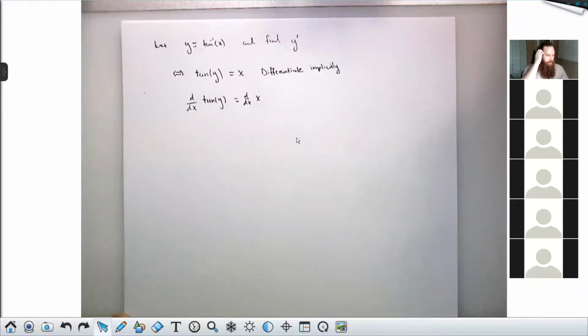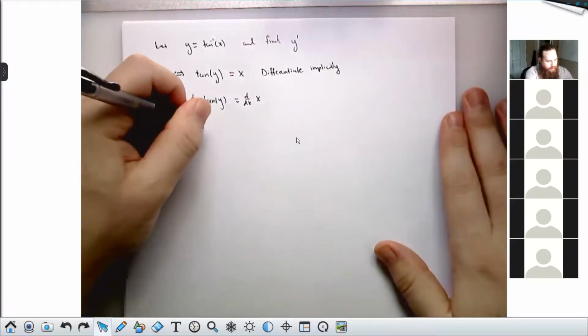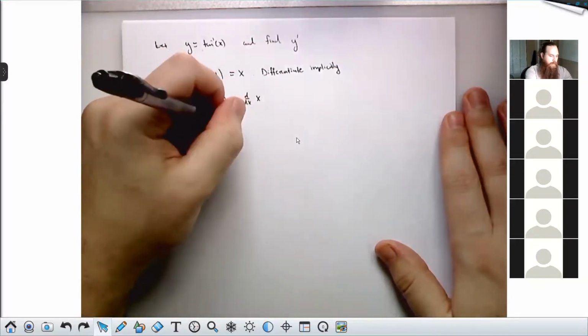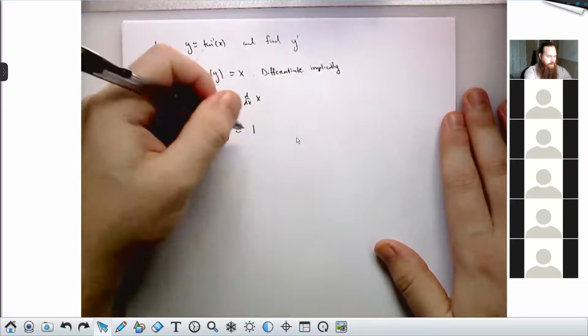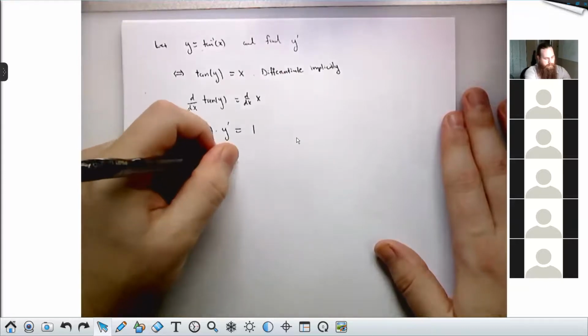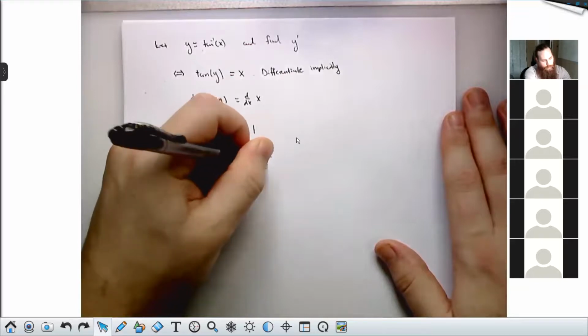And now the derivative of tangent y is secant squared y times y prime. And the derivative of x is 1. So y prime has to be 1 over secant squared of y.